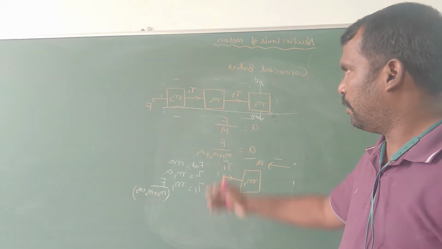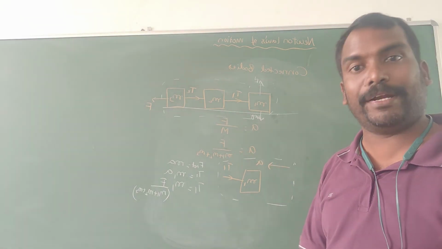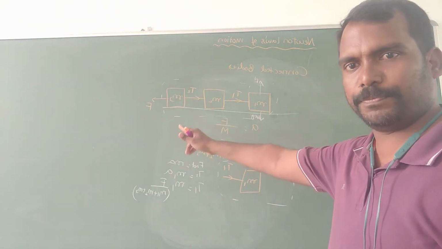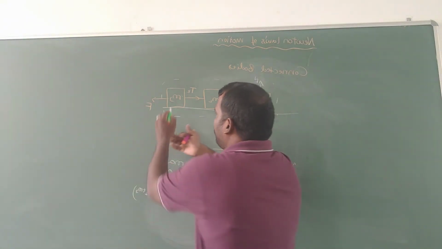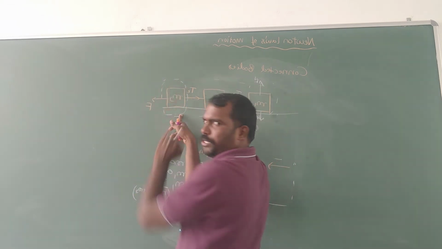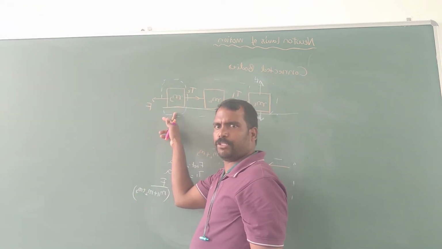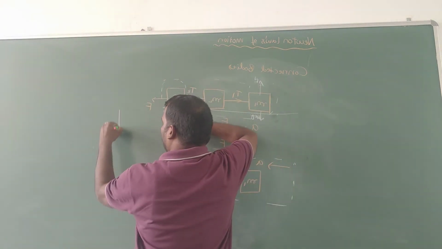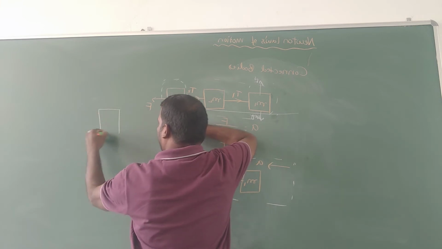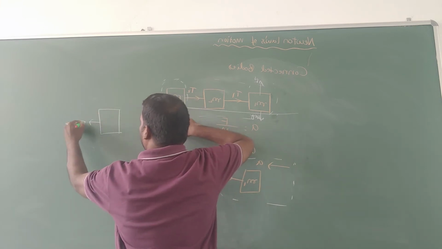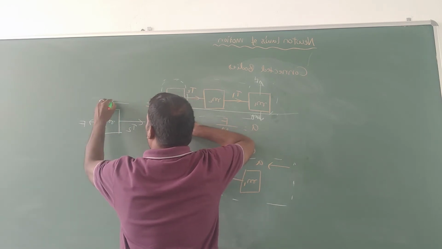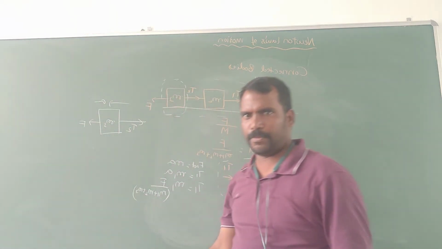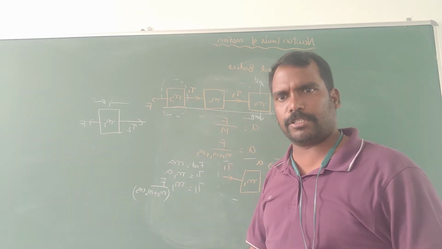Sir, this is okay. What about T2? To find T2, I am assuming this system now. I draw this alone here. How many forces are acting? This side force F is acting, this side T2 tension is acting, this is m3, and the acceleration is in that direction.